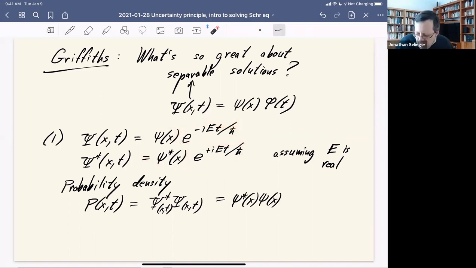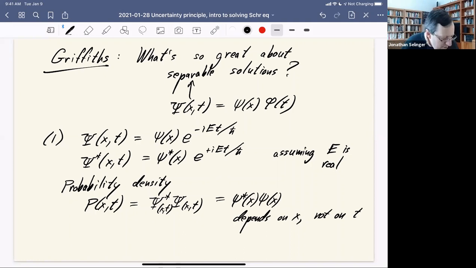So the probability density depends on x, but not on time. This is one really remarkable feature of these special solutions.